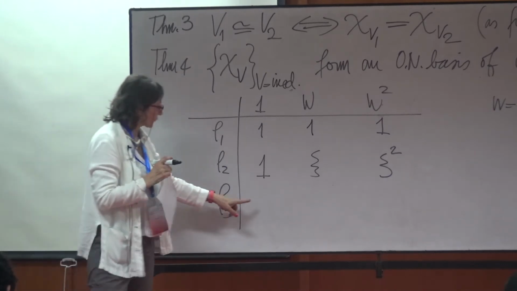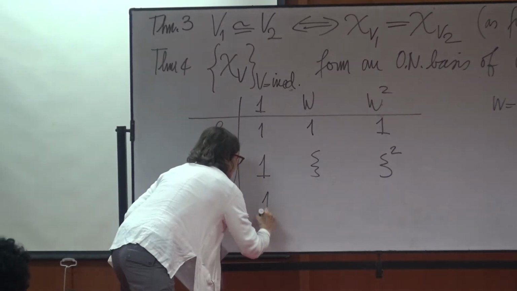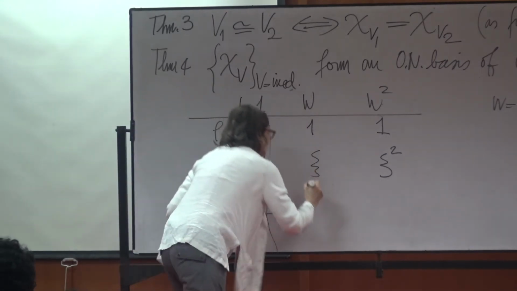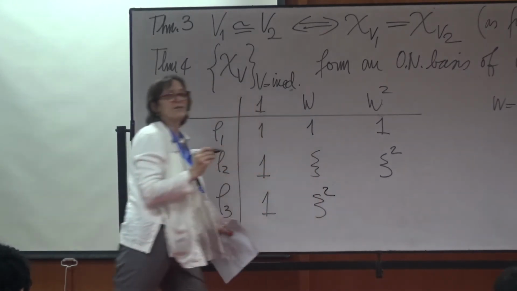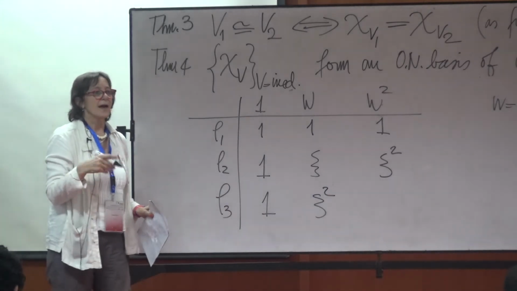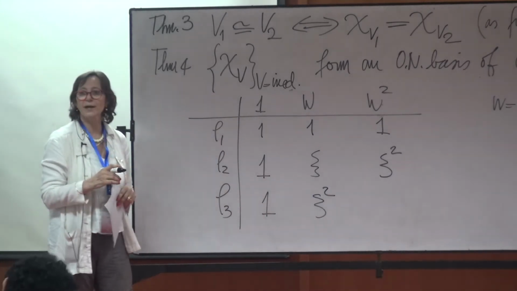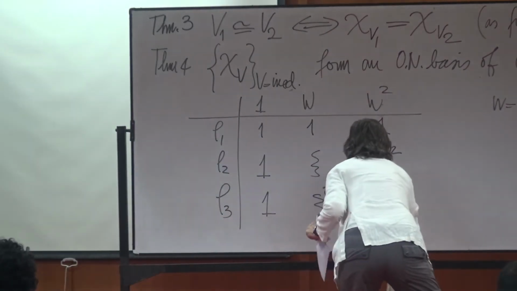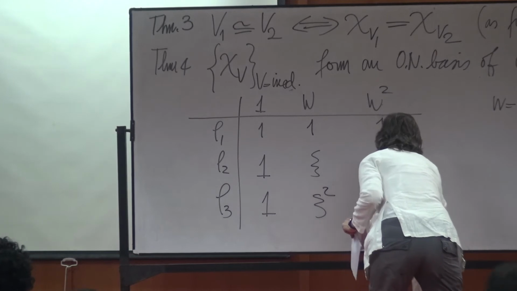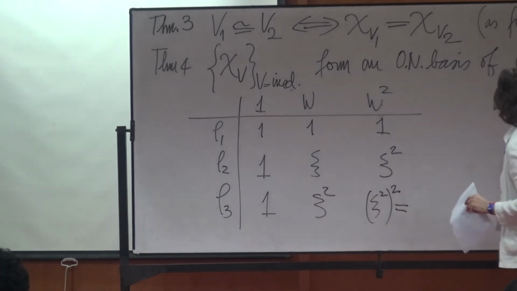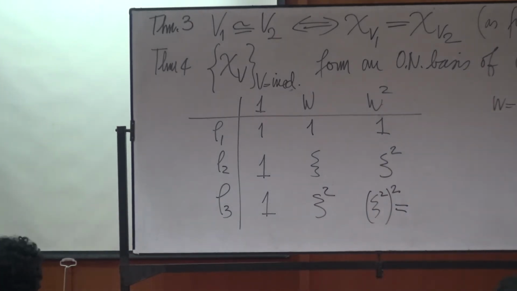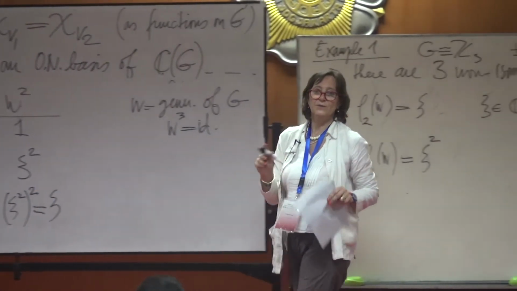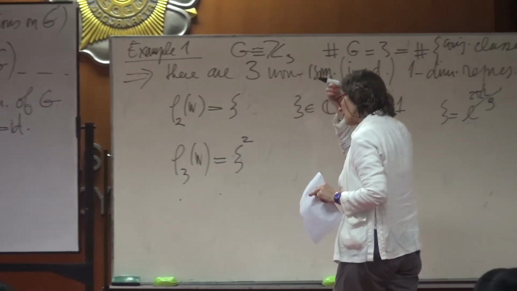And for rho 3, the character of the identity is 1. Now, on W, its value is the square, and on W squared, it will be the square of the square. So here it will be psi to the fourth, and you know that psi cubed has to be 1, so here it remains psi. See? So this is the complete character table.